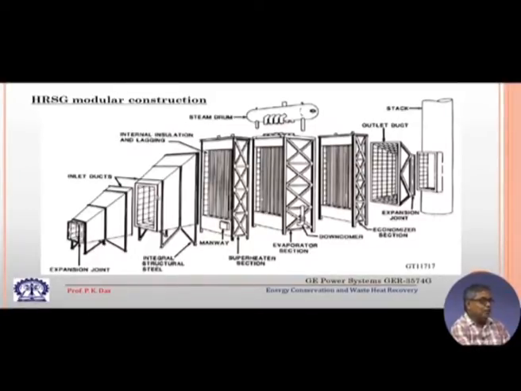Basically, we can think of the HRSG as a duct. Of course, the duct is not of constant cross section, and in that duct there are a number of heat exchangers. Through the duct hot gas is flowing, and its temperature reduces as it encounters different kinds of heat exchange surfaces.